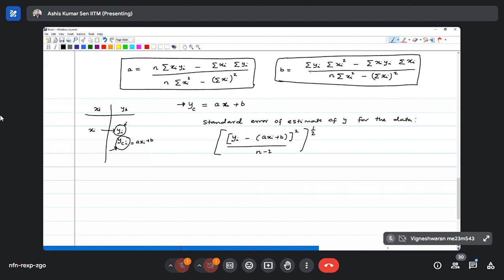So that is the formula for finding out standard error of estimate of y for the data. Okay.